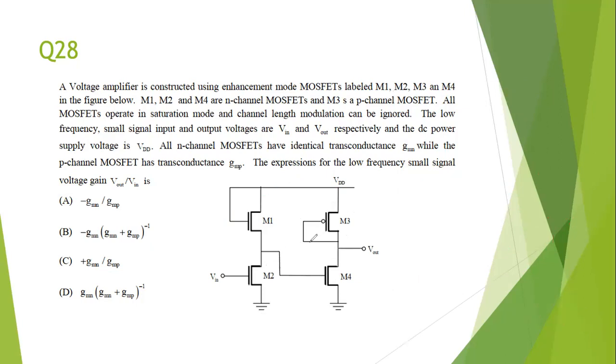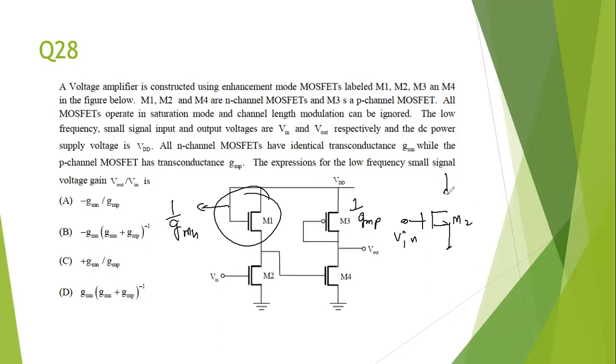Now for M2 and M4, the equivalent is 1 upon GMN. So now the circuit becomes, this is M2, this is V input, and now this is replaced with the resistance.